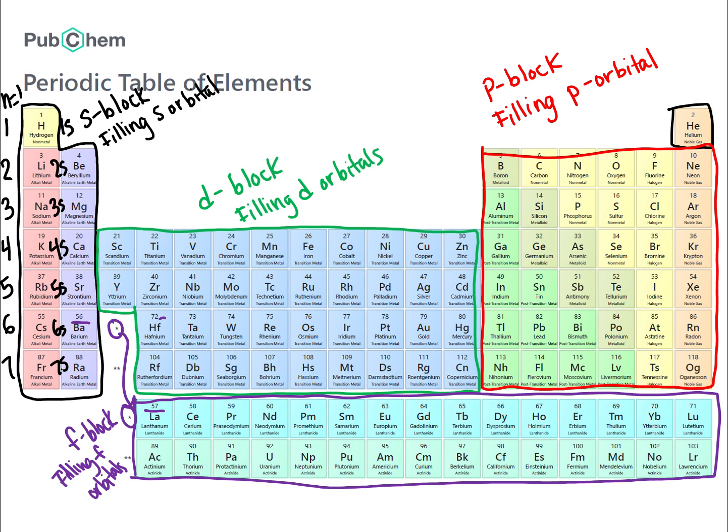We can do the same thing with all the other blocks. So notice the 3d is in the 4th period. So you don't have to necessarily memorize that. If you can recreate this chart, then you can just see it.